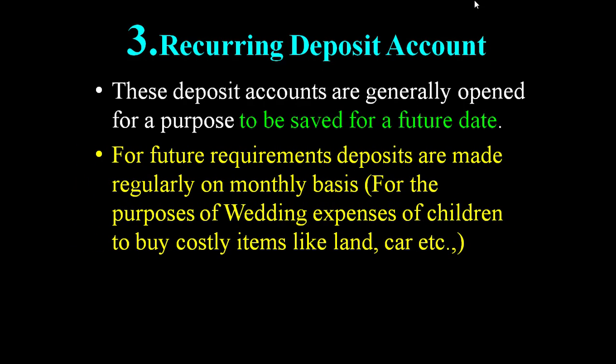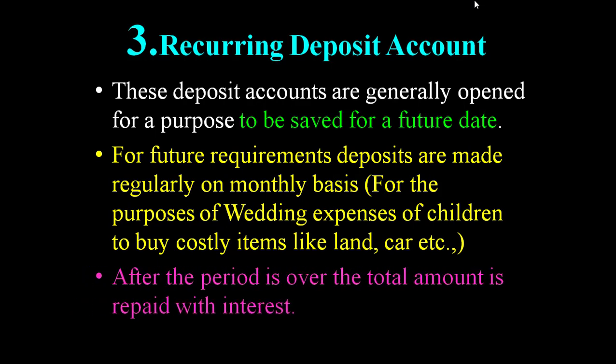For future requirements, deposits are made regularly on a monthly basis for the purpose of wedding expenses of children, or to buy costly items like land, car, etc. That is RD, recurring deposit account. After the period is over, the total amount is repaid with some interest added. So that is the information about the recurring deposit account.